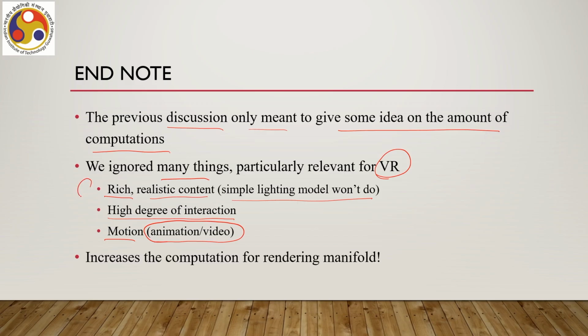So, all these together increase the computation for rendering in a VR environment manifold, and clearly that is the challenge: how to take care of such a computationally complex rendering process without letting the user perceive any lag or distortion. That is what we are interested to do.